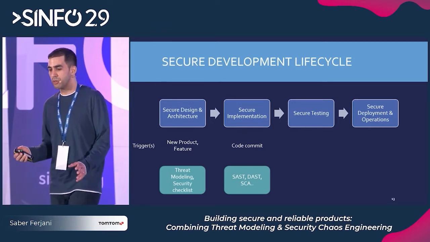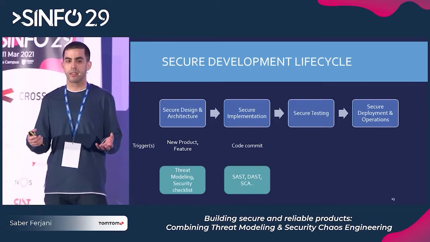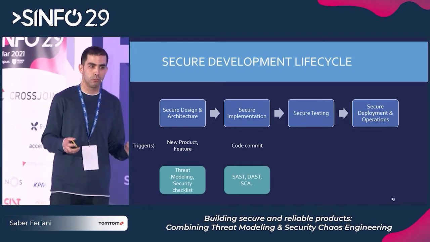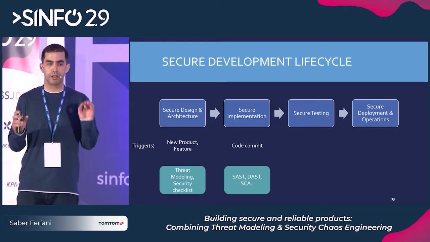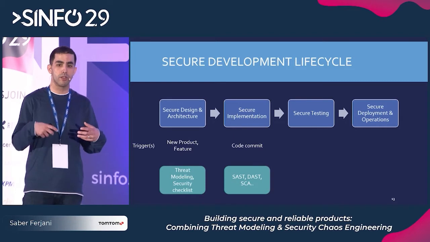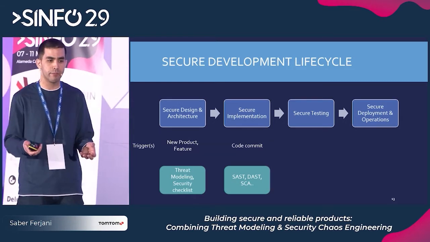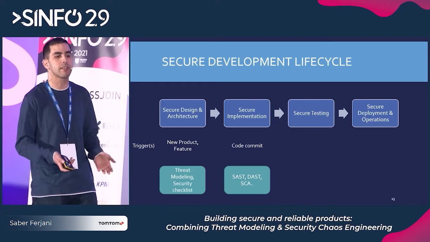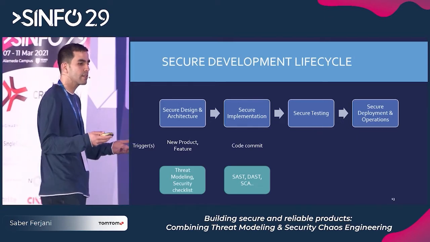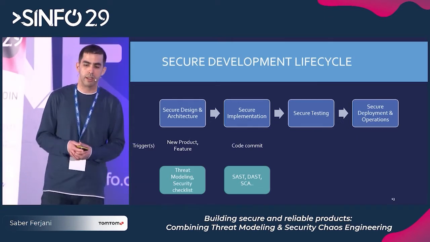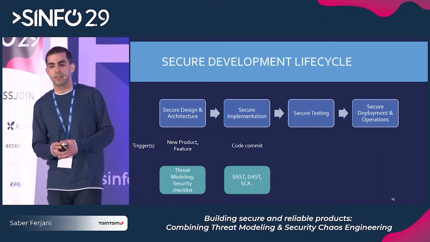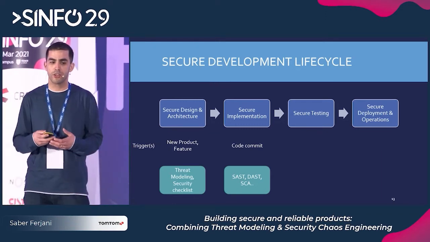So what we want to do is automate the code review process. So we try to look for functions that could be used in order to do buffer overflow, SQL injection, and so on, and automatically find them, flag them, and ask the developer to do whatever action is necessary to counter this attack. Software composition analysis, on the other hand, is related to the supply chain attack.